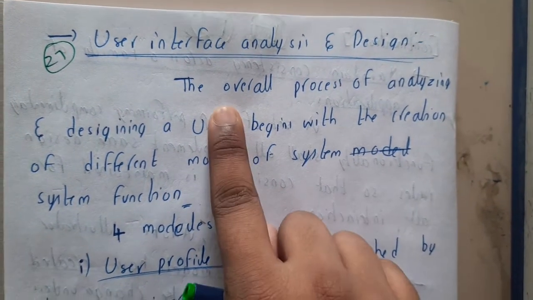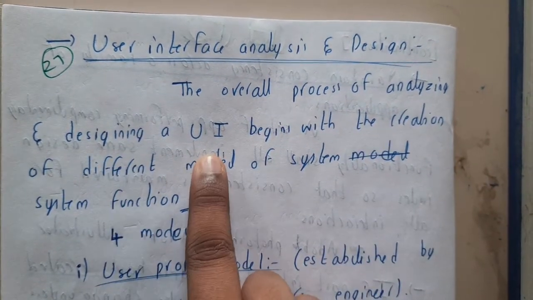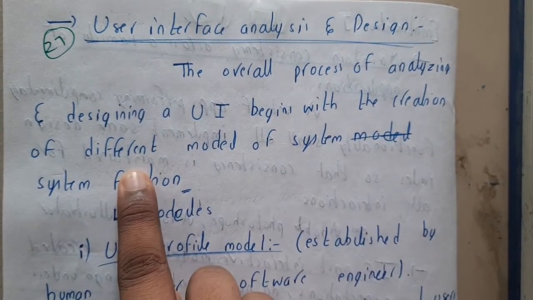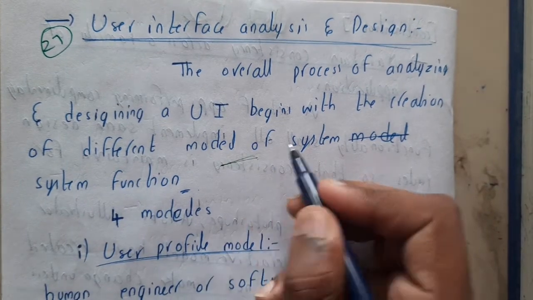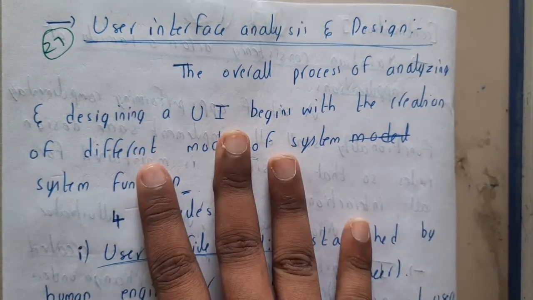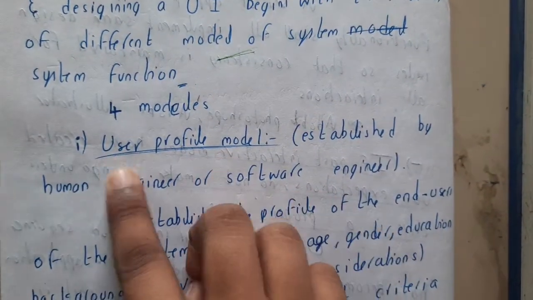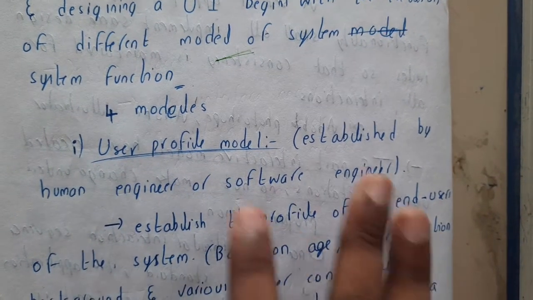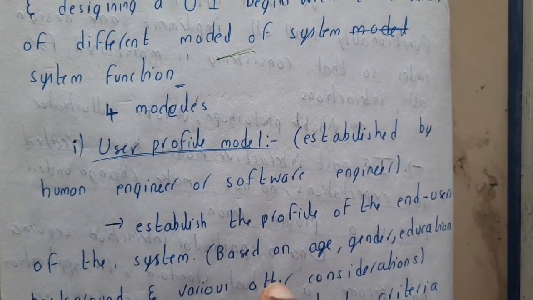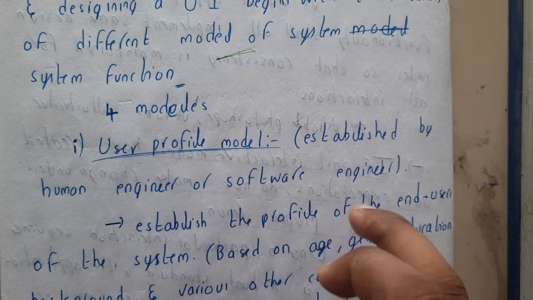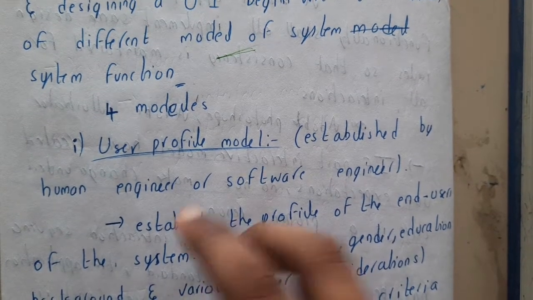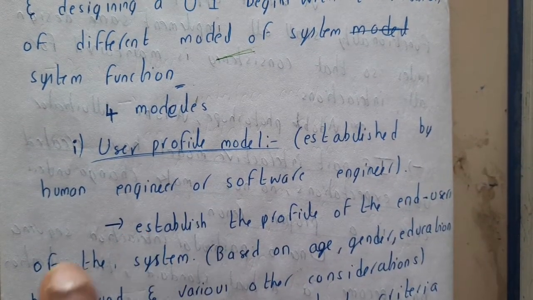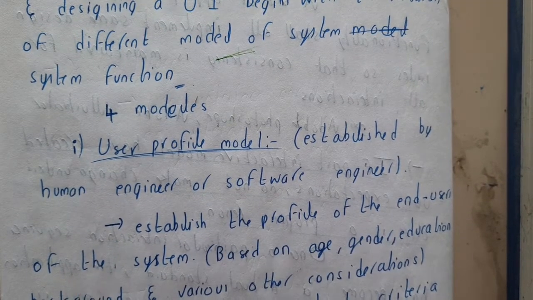So the overall process of analysis and design of a UI begins with creating different models. Here we'll be learning about 4 different models. The first model is the user profile model. This model helps in establishing for the developer how the interface should be, or how the user will interact with the system.